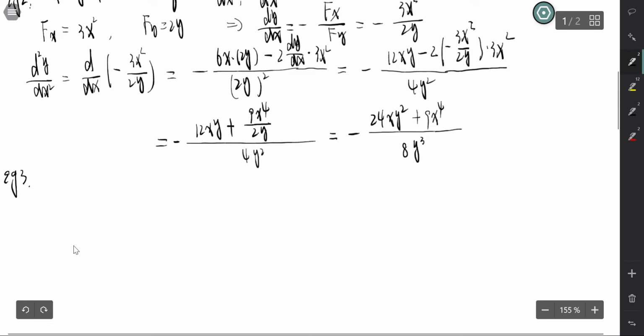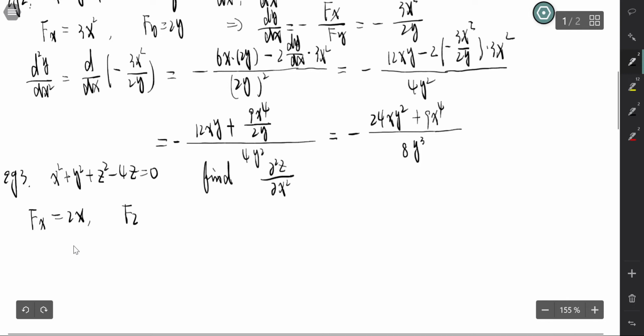And the third example is x squared plus y squared plus z squared minus 4z equals 0. We need to find the second derivative, partial squared z partial x squared. Because we only need to take care of x, f_x is 2x, and f_z is 2z minus 4.